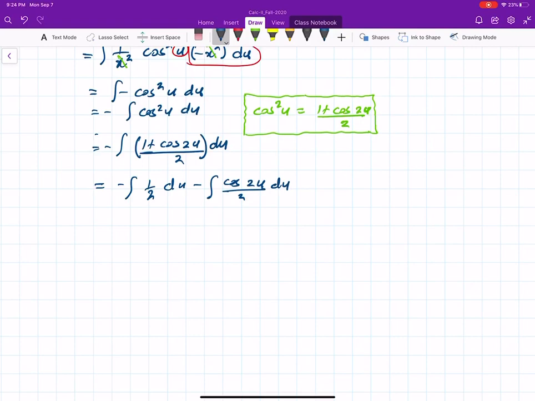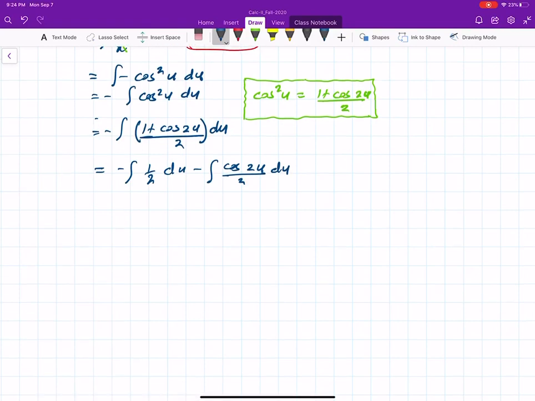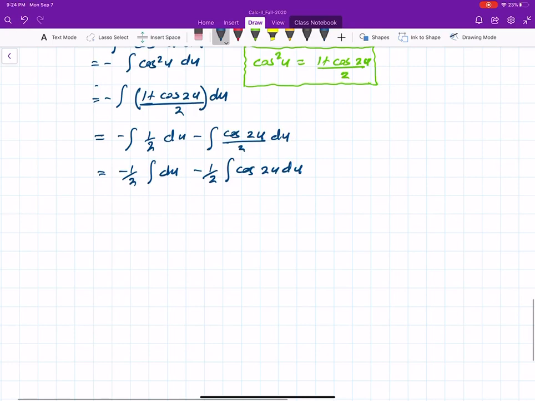Now you can get the constants out. Here minus half, and then you write du. Here half, and then you write cos 2u du.